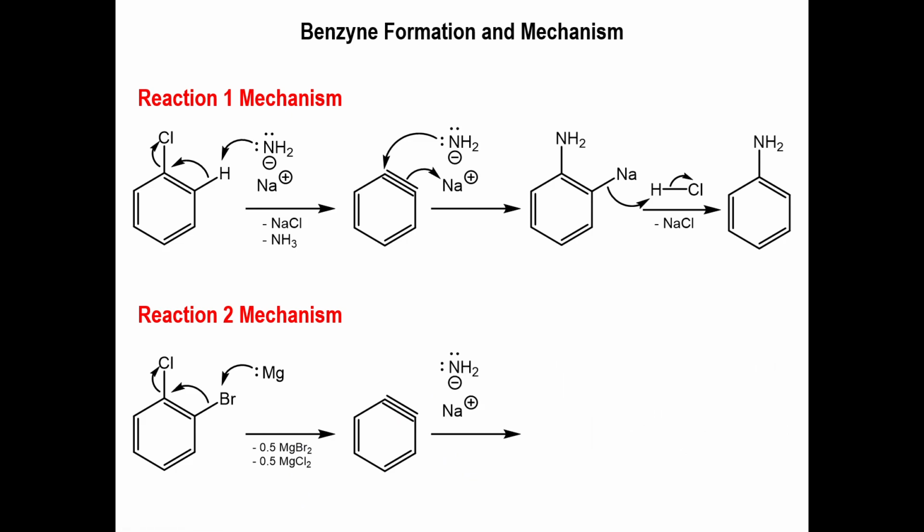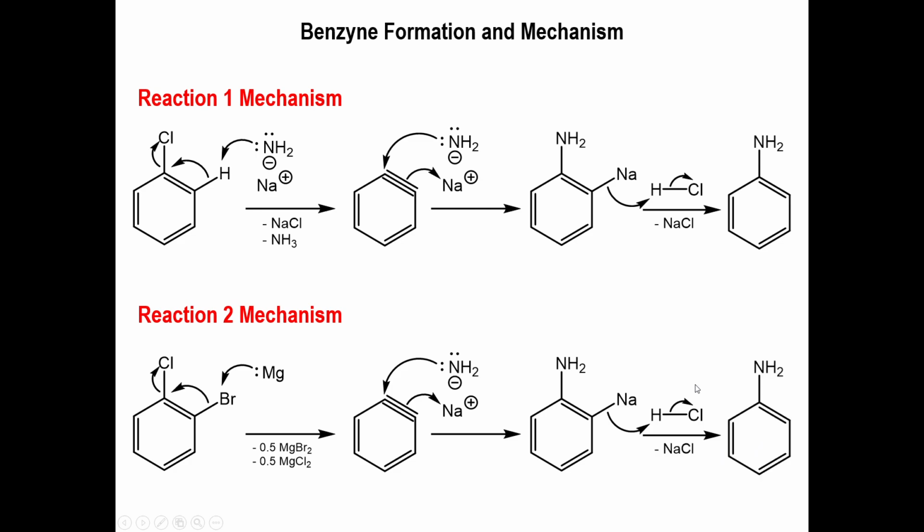And then when you introduce your sodium amide, the amide reacts with the benzyne in the same manner as we saw up here, creating your carbanion, and then upon quenching it, you end up producing your aniline. So it's an interesting way of doing this as well, right? So you have now two ways of introducing the amine group if you need to on the benzene ring.